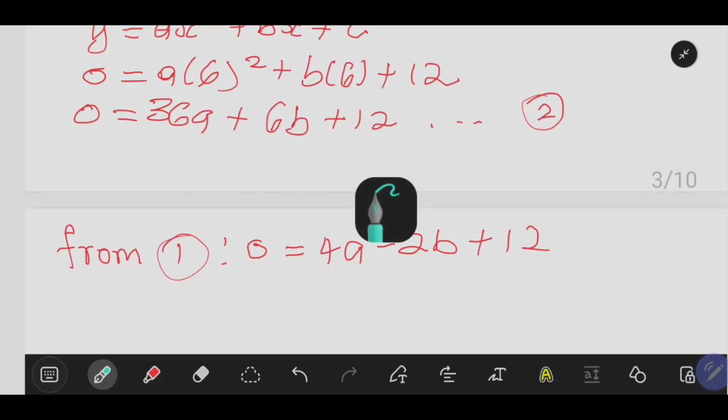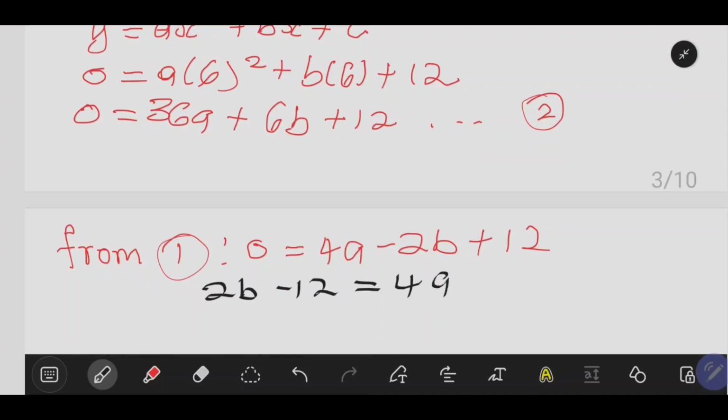Then I choose to make a the subject of the formula in this situation. Then when I make a the subject of the formula, it means I'm going to have to take negative 2b and 12 to the other side. Then it means I'm going to have 2b minus 12, which is equals to 4a.